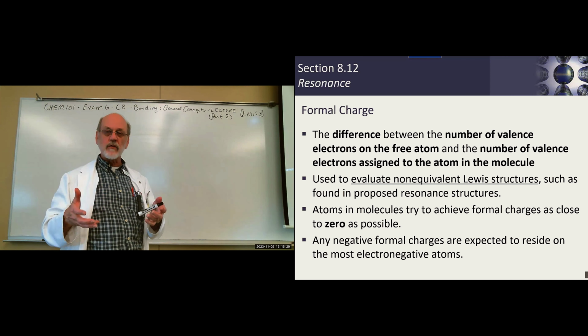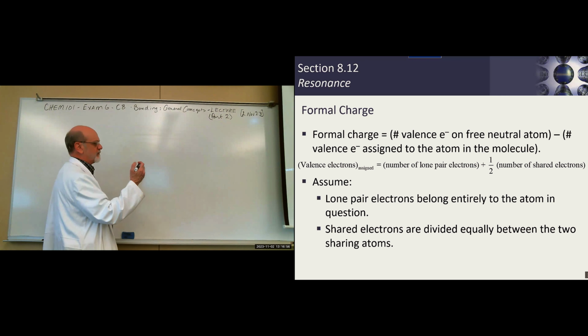We try to have a 0 formal charge whenever possible. It's not always possible, but that's where we're headed. And we're interested in only the valence electrons, lone pair electrons and bonding electrons. So those are the numbers that have to go into the calculation. So here's the calculation. We take, for each of the atoms in the molecule, let's take an example. Water would be really simple.